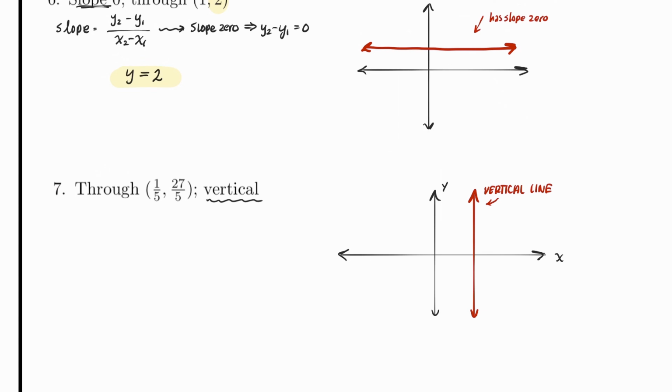Just looking at the graph, we can see that the x value stays the same, but the y value can be anything. So the equation of this line is going to be x equals the x value of the point that we're given, which is 1/5.